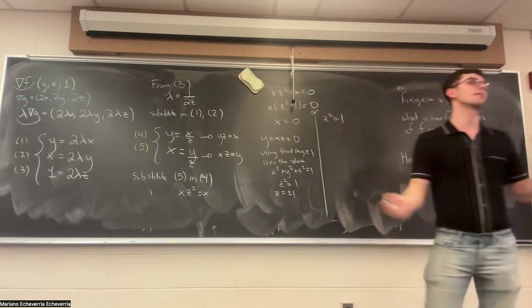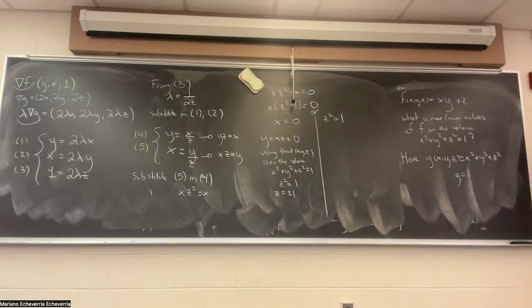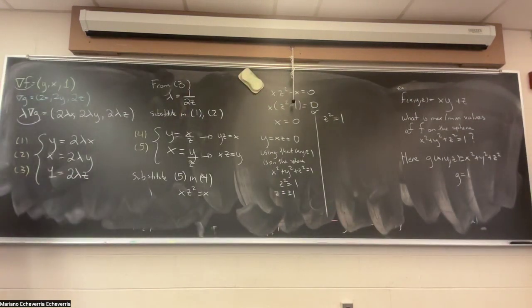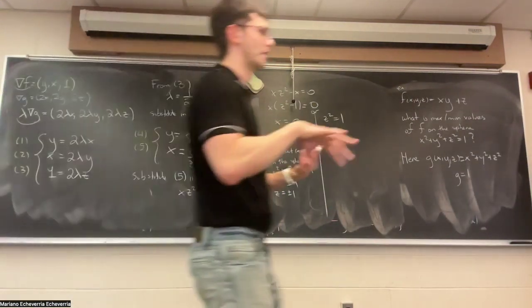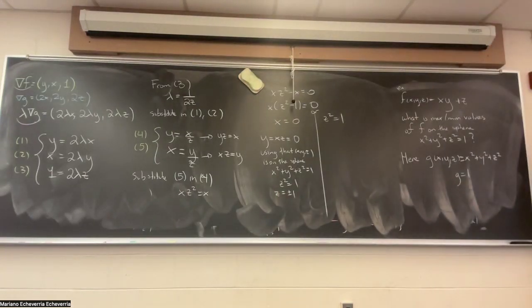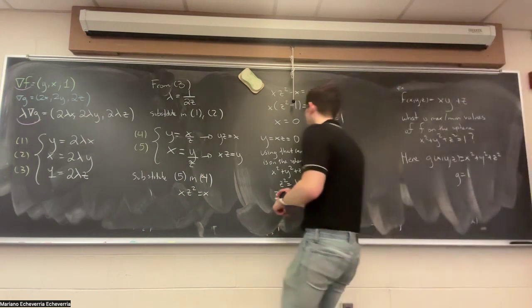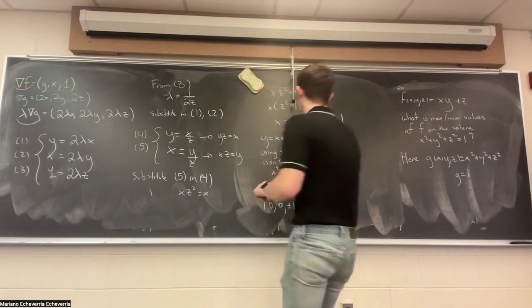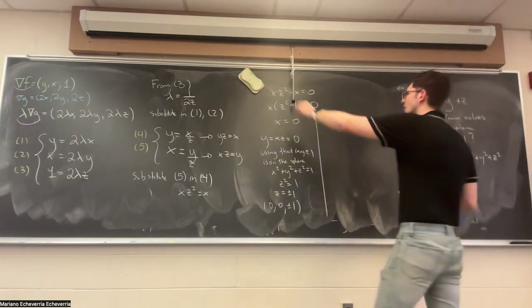It came from different reasons. I never forced that into the equation. It just popped out. So in this case, the options that we're getting for the critical points are 0, 0, and plus minus 1. So we're getting two options, right?